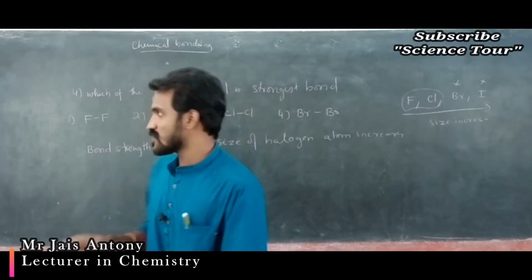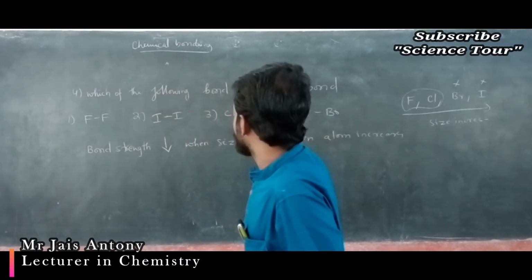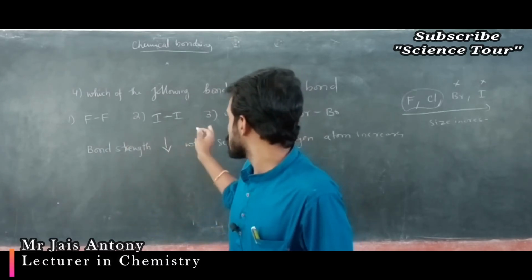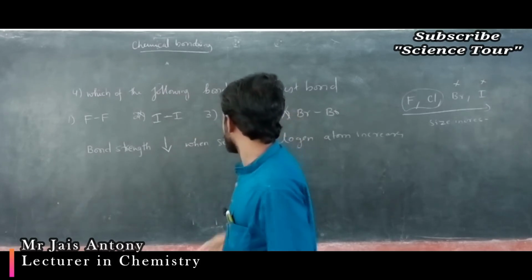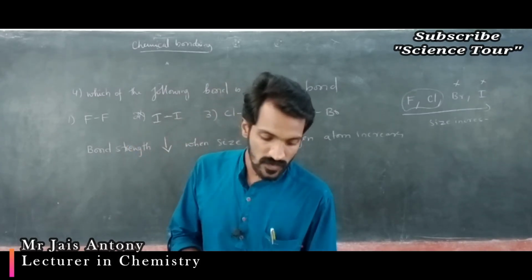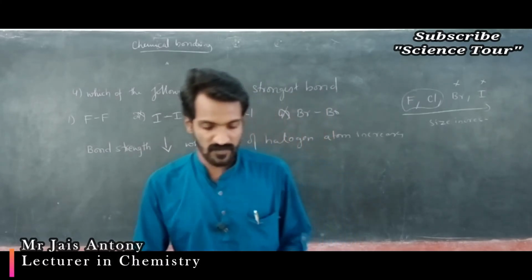So here it works my dear students. So bromine and iodine size is bigger compared to fluorine and chlorine. So these two options are not there in our list. Okay, next we are discussing fluorine and chlorine. In these two bonds what actually takes place?